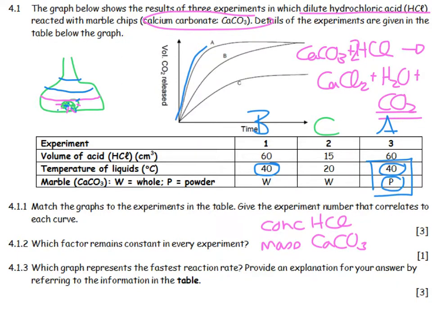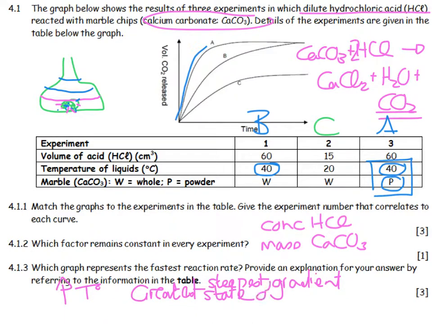You had to refer to the table, so you had to know that graph A was number 3, and I gave some marks for saying something like it had the steepest gradient, or made the most carbon dioxide in the shortest period of time, and then you had to say highest temperature and the greatest state of division. In other words, it's powder, not chips or whole.